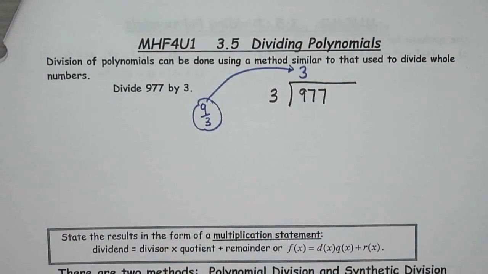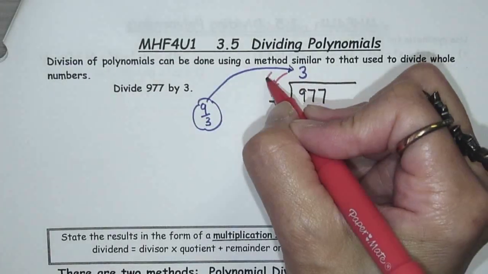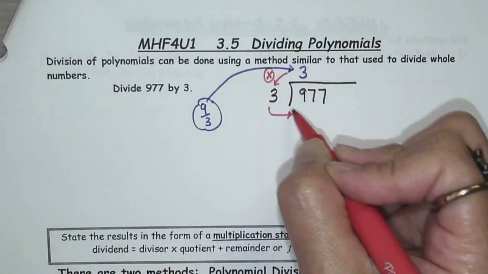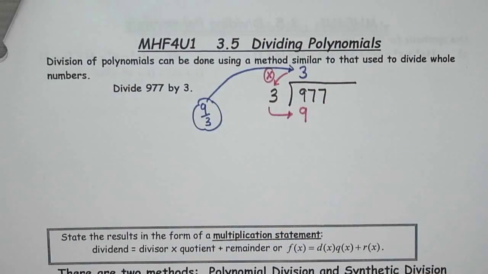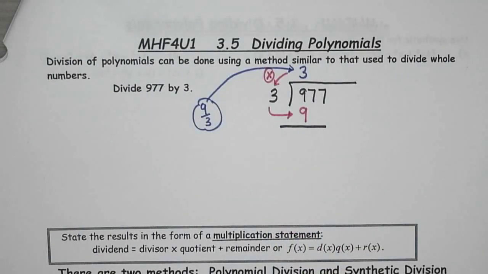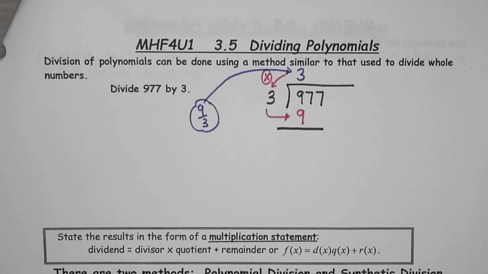Then you would say 3 times 3, and you would write it underneath. And then you would draw your line like that, and then you would subtract. You remember subtracting?